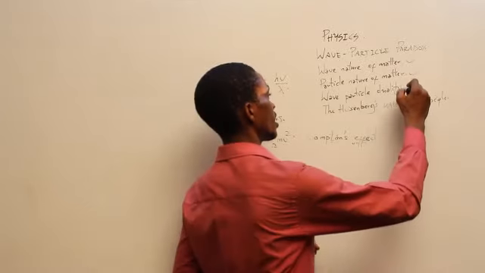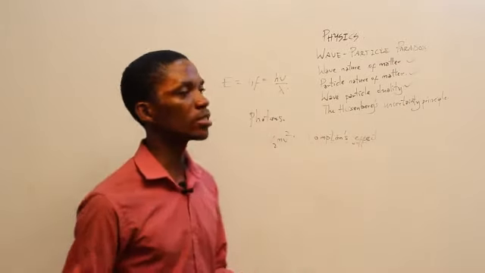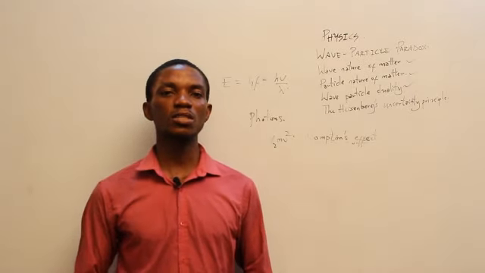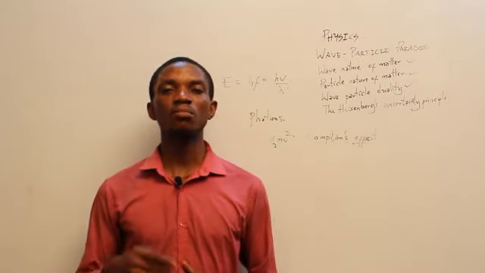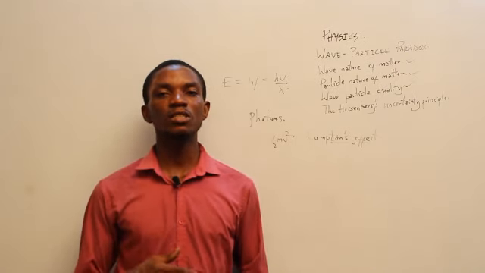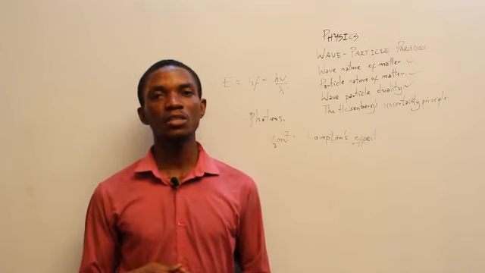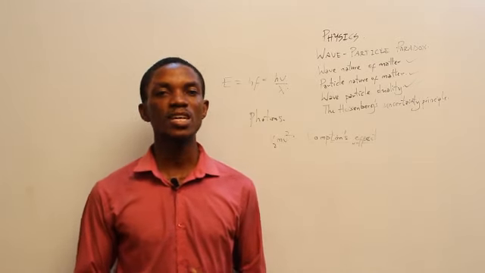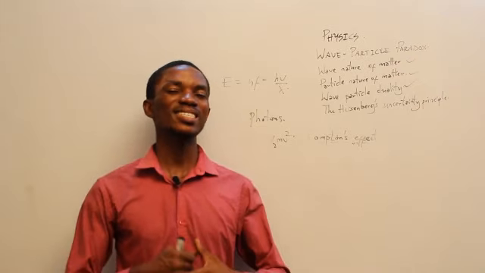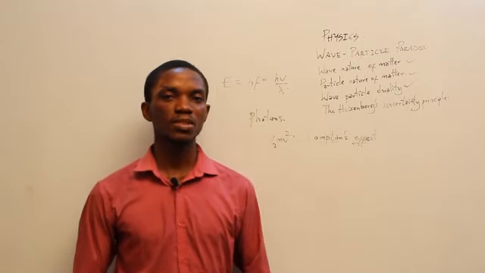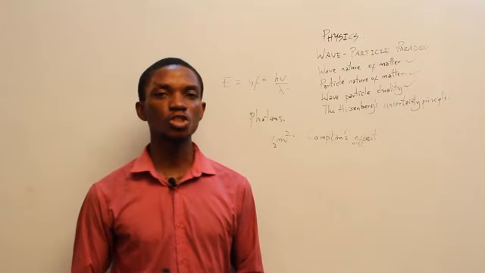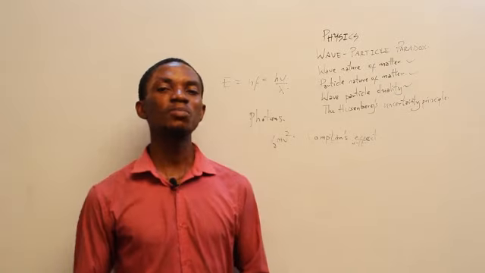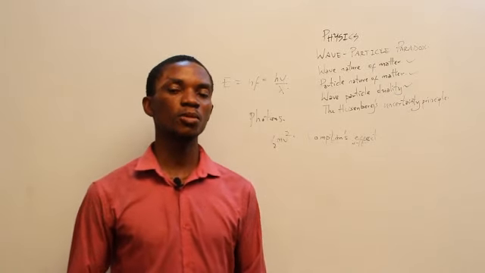Okay, let's discuss the Heisenberg's uncertainty principle. The Heisenberg's uncertainty principle simply says that the momentum and the position of an object which is being displaced, of an electron which is being displaced, cannot be calculated simultaneously.